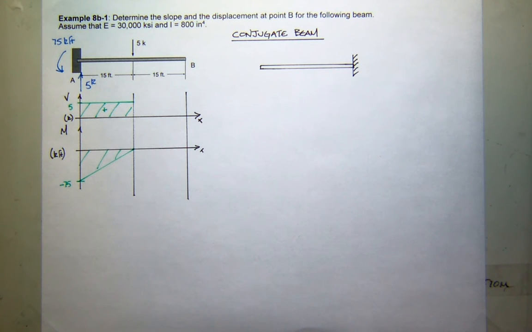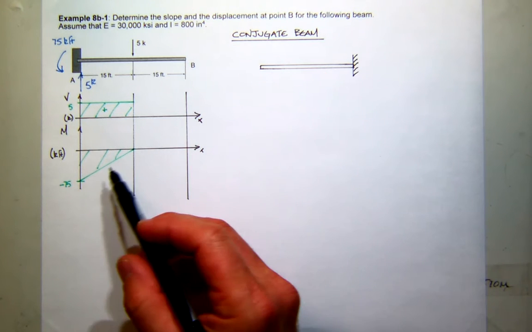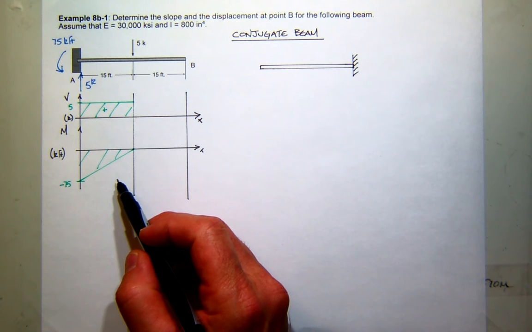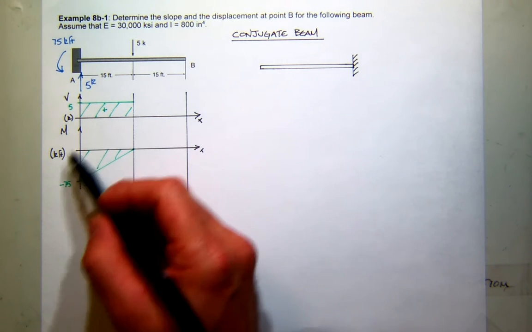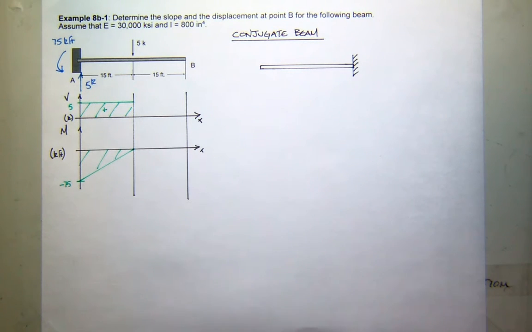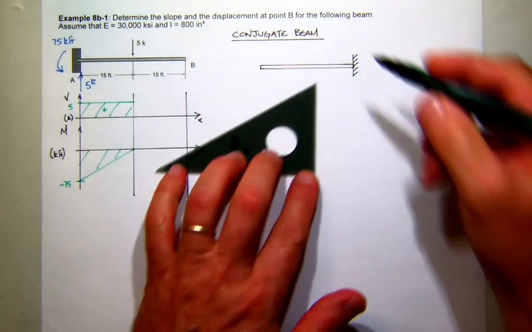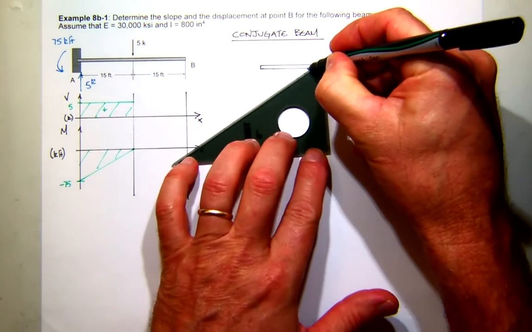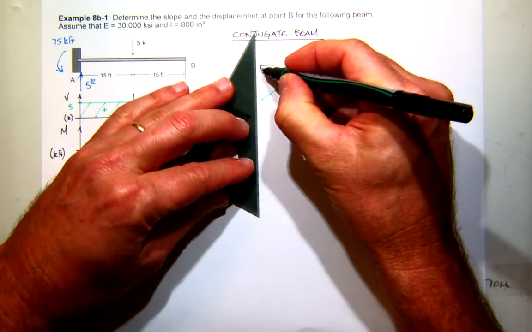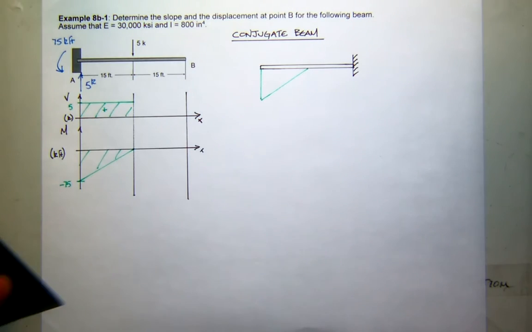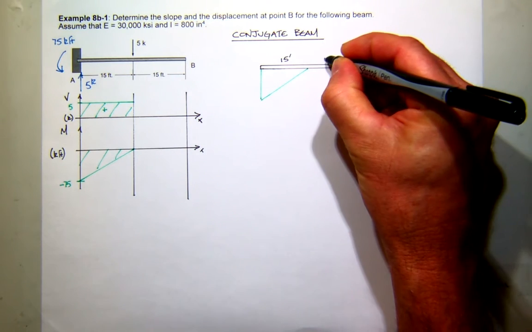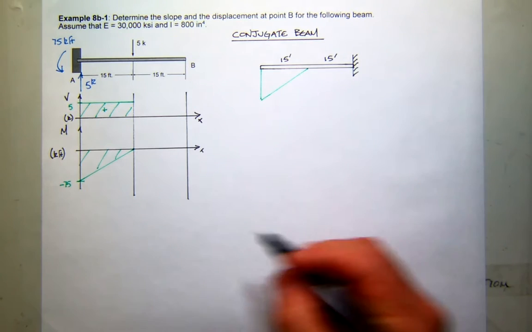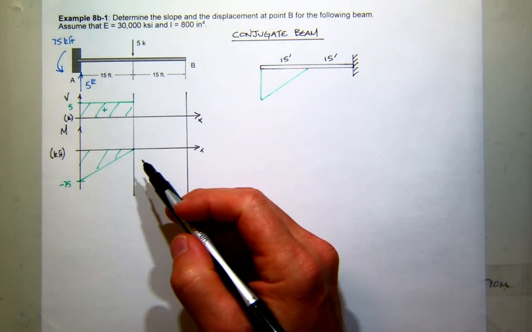Okay. Now remember, on the conjugate beam, we're going to apply the moment divided by EI as load. So what I like to do, just to make it easier, is just take the moment diagram as given and just draw it onto the beam. So that'll be over the first 15 feet, and then we have the second 15 feet. Now, let's decide on what this value will be.